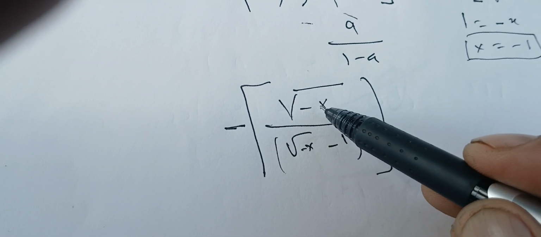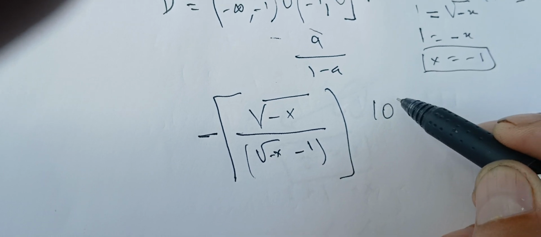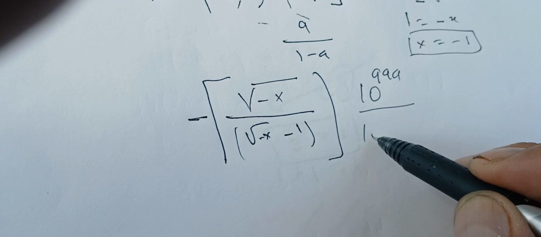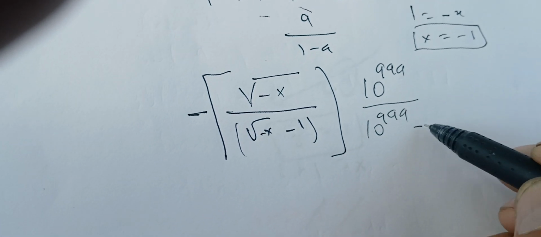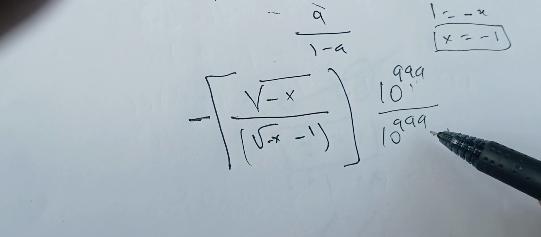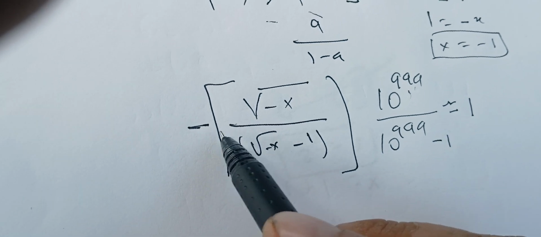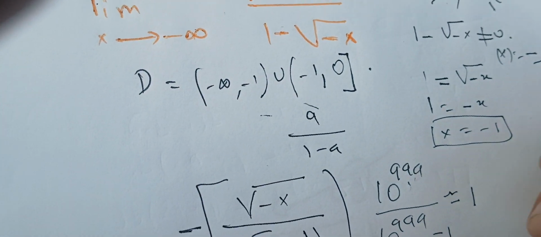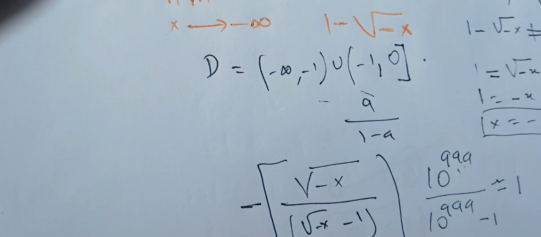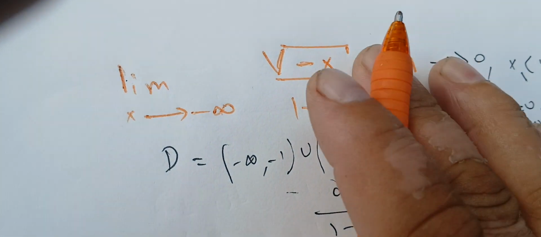If we think of this as, let's say, 10 to the power 999 over 10 to the power 999 minus 1, the 1 won't affect this ratio that much. This is almost 1, but with this minus, we have minus 1. So clearly, the limit is minus 1. So this is one way.